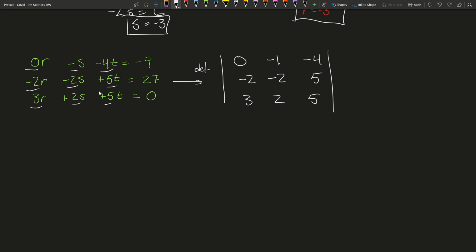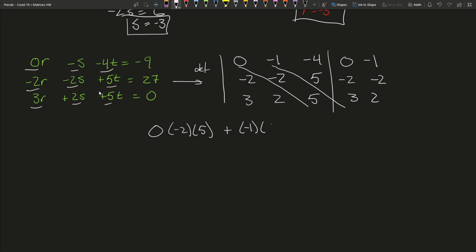And the first thing you do to find the determinant is you repeat the first 2 columns. And then take the diagonals and multiply them together. All right. So 0 times -2 times 5 plus -1 times 5 times 3 plus -4 times -2 times 2.